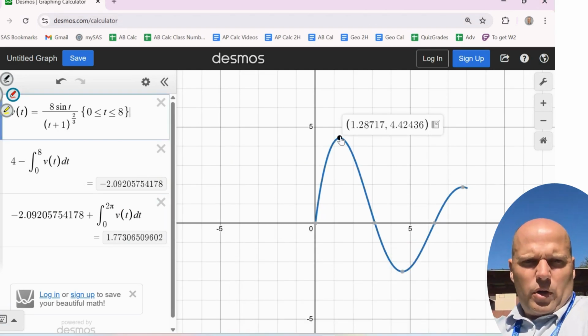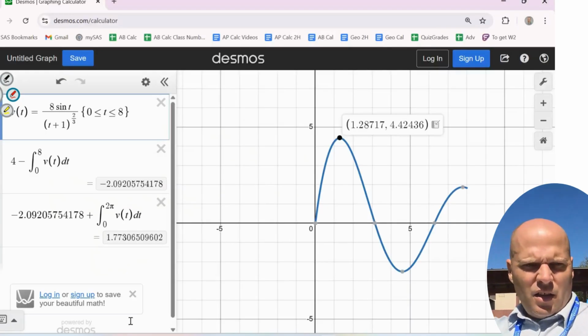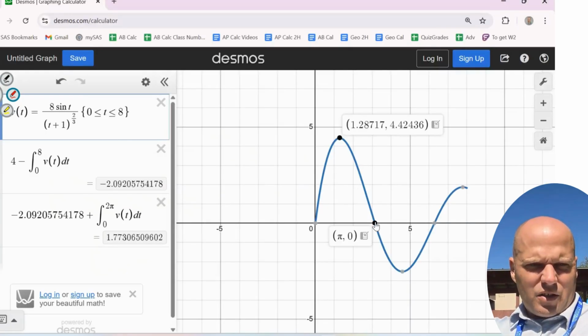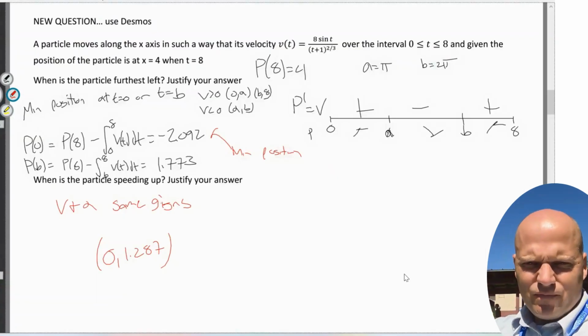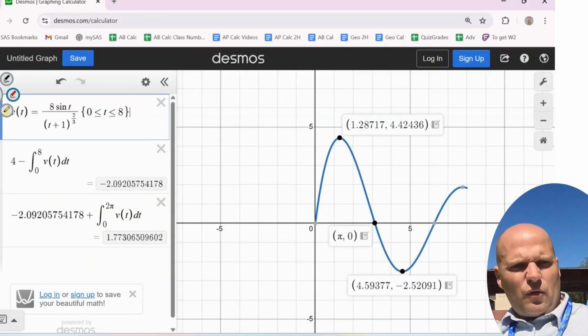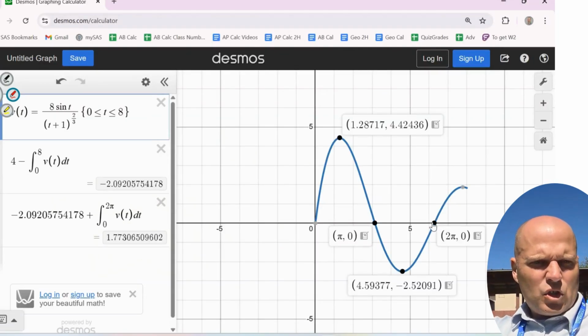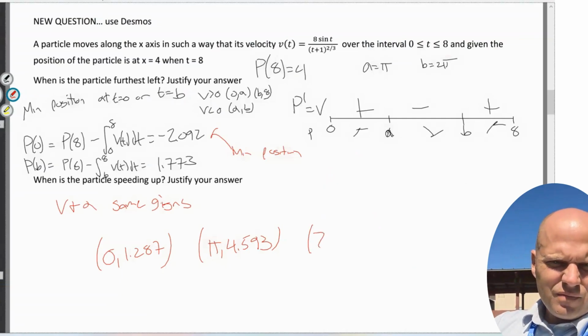So 0 to 1.287, and then from pi to 4.593, and then also from 2 pi to 7.778.